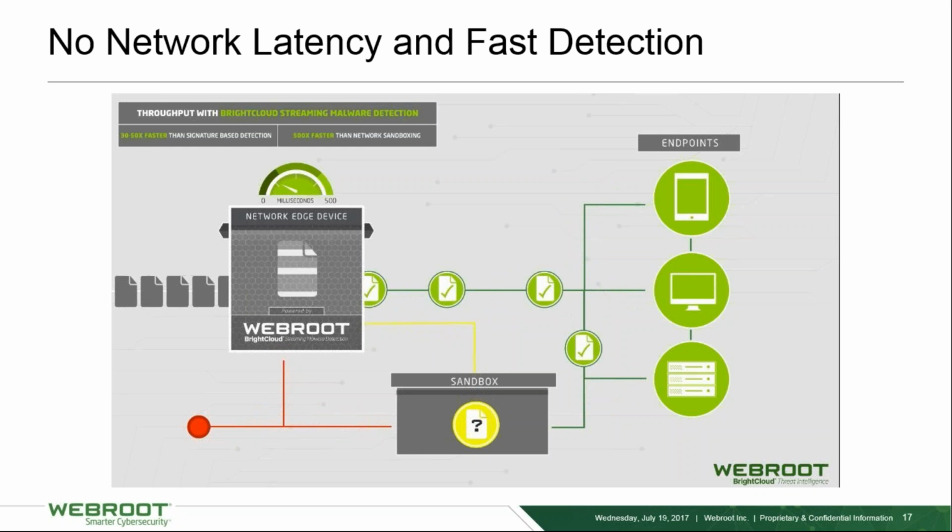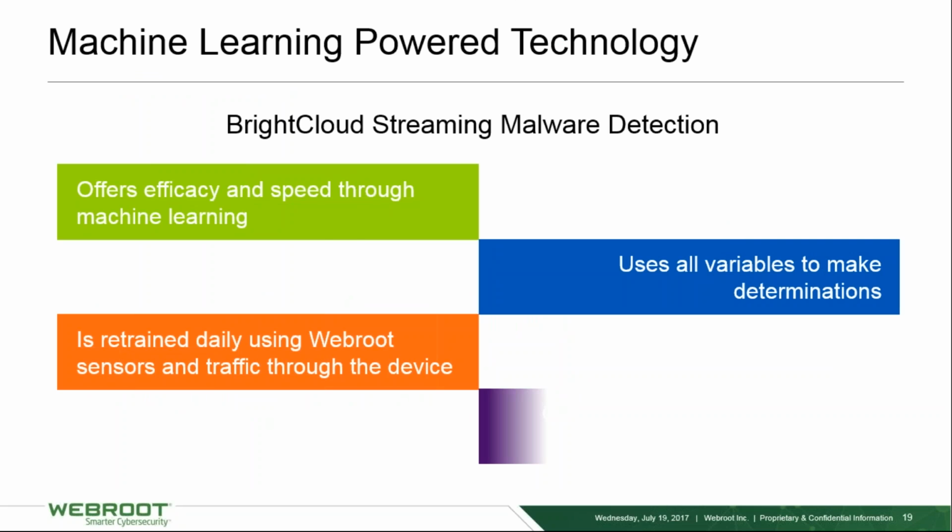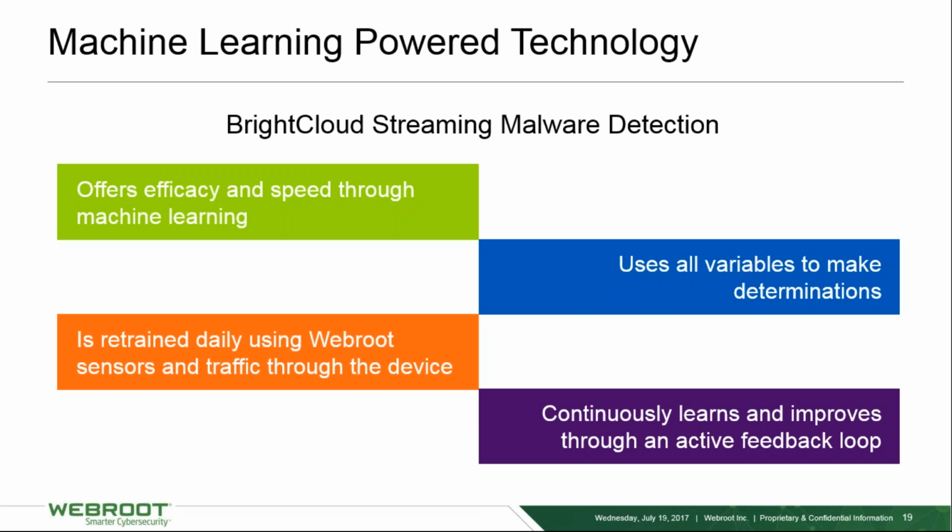So let's take a look at what's underneath this, and how all these things come together. Machine learning has been a core principle and a foundation technology for anything that we've done at Webroot. We are one of the leaders and pioneers in developing and using advanced machine learning to detect threats in real time, because the security landscape has changed dramatically over the last decade.